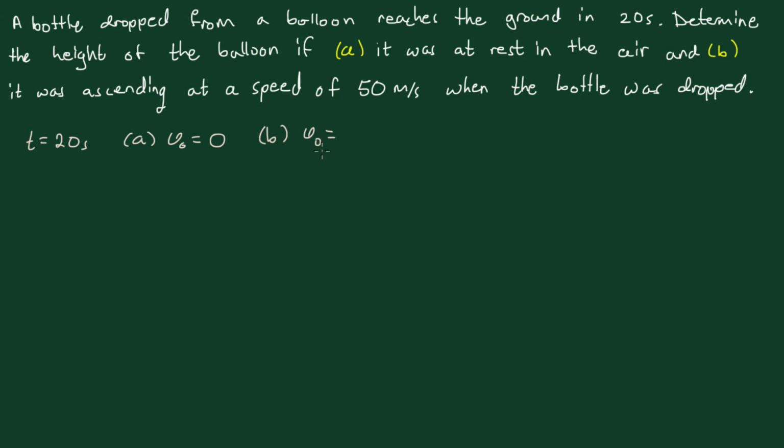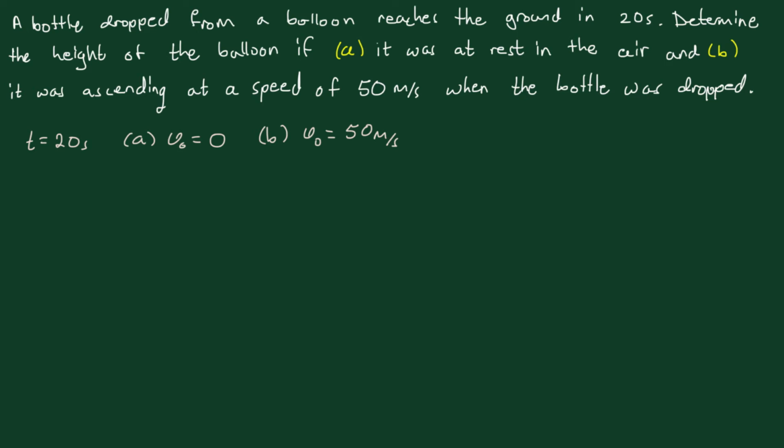In fact, V0 is equal to 50 meters per second ascending. So in this scenario, the hot air balloon is rising at a rate of 50 meters per second, and that's when the bottle is dropped from the balloon while it's rising at this rate.